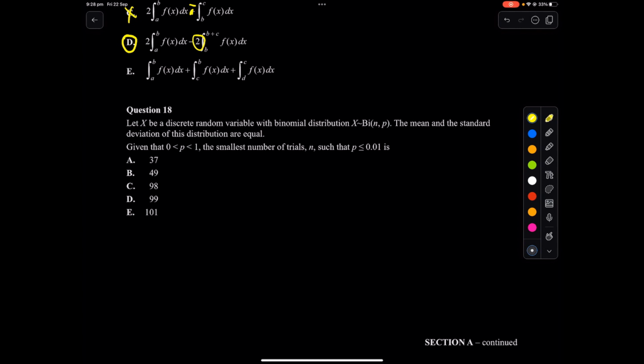Okay, if the mean and the standard deviation are equal, we know that np is your expected value, your mean, and we know that the standard deviation is the square root of np(1 minus p). So if they are equal, np must equal the square root of np(1 minus p), and we want to find n.